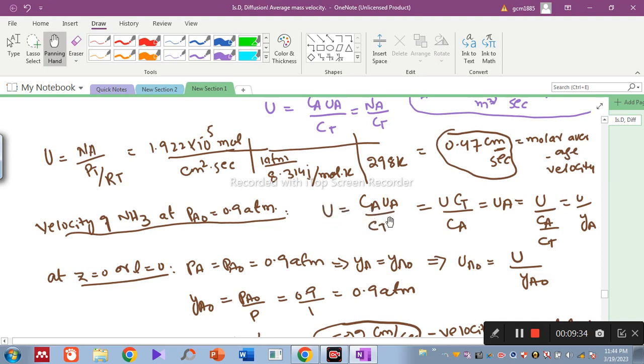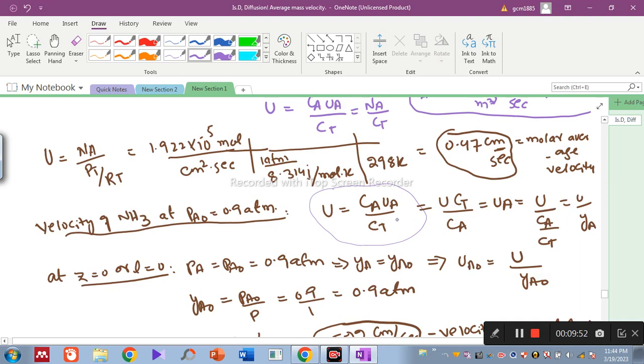Now this UA can be obtained from this equation. For example, I am writing it: UA will be equal to Ct multiplied by U divided by Ca.